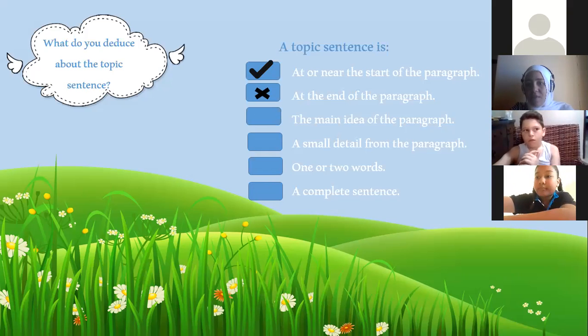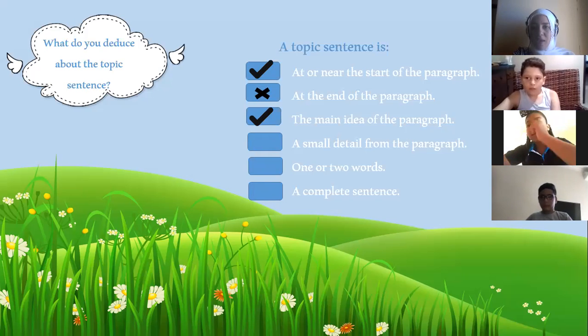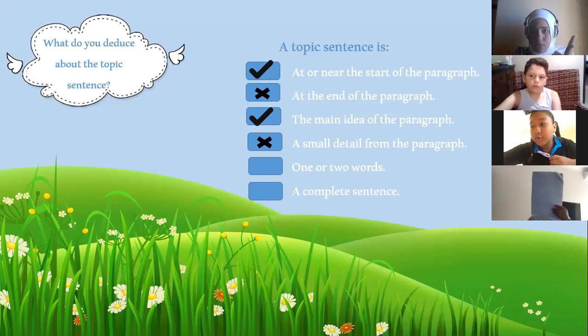Is the topic sentence the main idea of the paragraph? Yes, the topic sentence mentions the main idea of the paragraph. I find the main idea in the topic sentence. Is the topic sentence a small detail? No, it's not a small detail. Is a topic sentence one or two words?